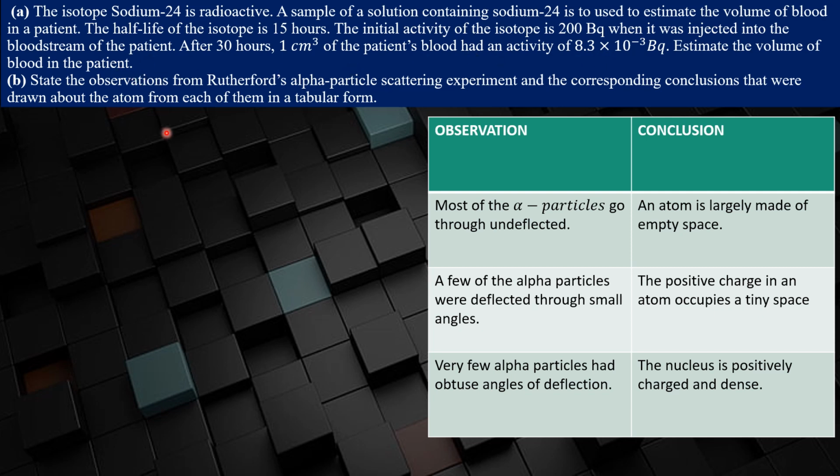Okay, guys, this is a very, very simple problem, but you really have to understand what is happening. So normally, the radioactive sample has an activity of 200 becquerels. Now we're going to inject it into a patient's body, and we're going to assume that all of this radioactive substance is picked up by all the hemoglobin molecules in your body.